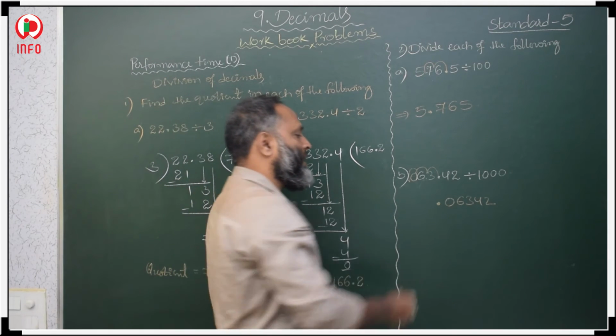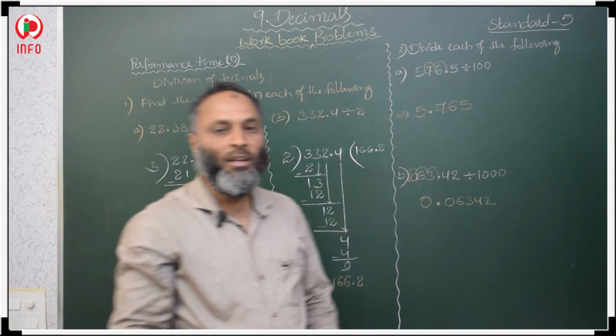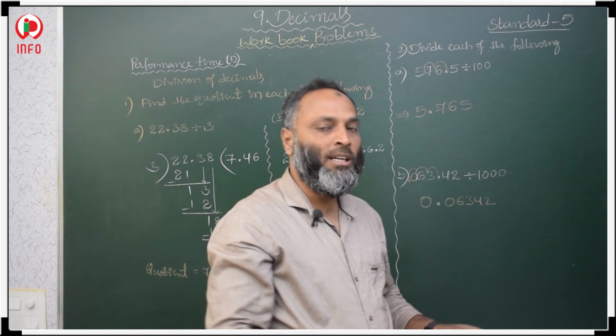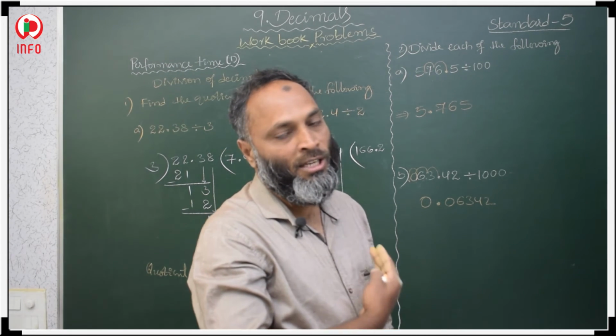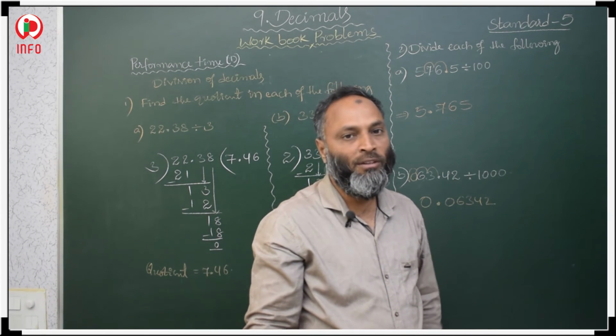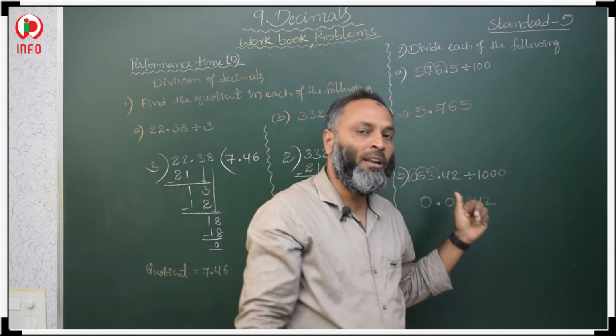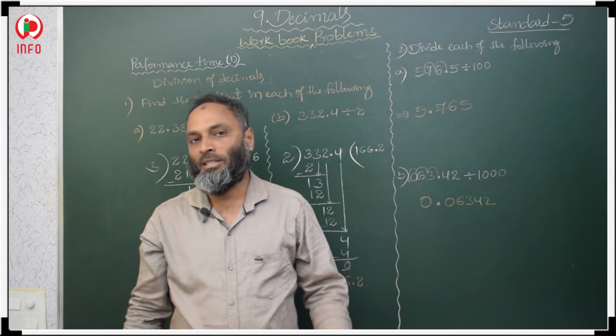And before the point nothing is there, so keep 0. If we divide with 1000, the decimal point will move 3 places left side. If divided by 100, the decimal point will move 2 places left side. If divided by 10, the decimal point will move 1 place. Okay.